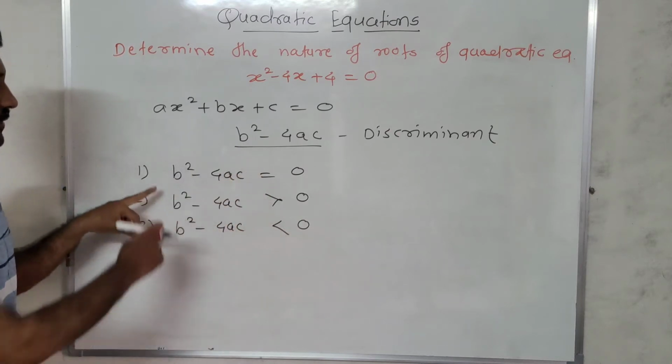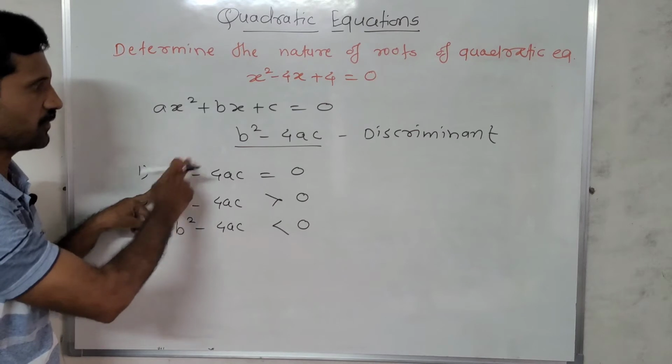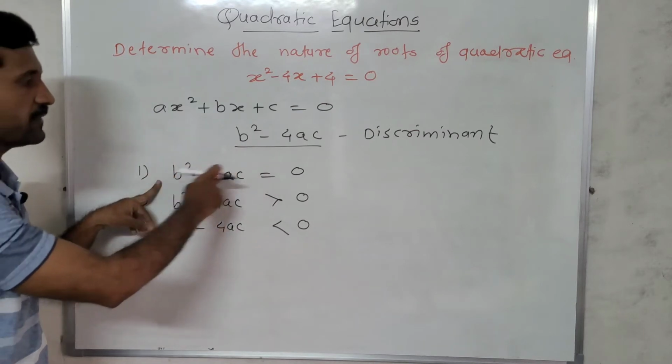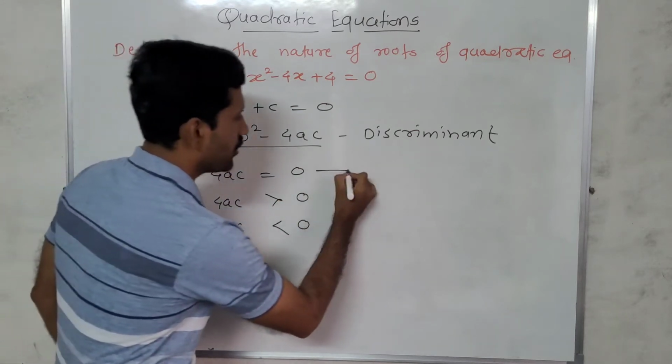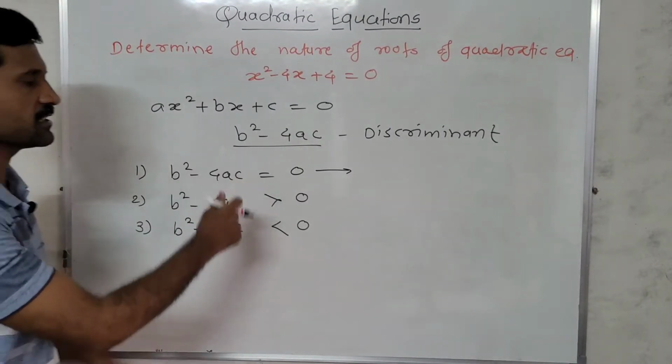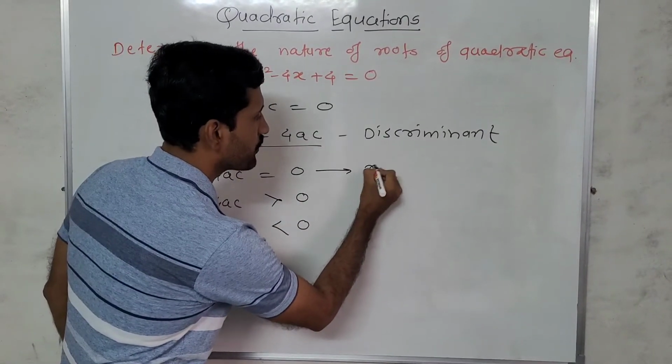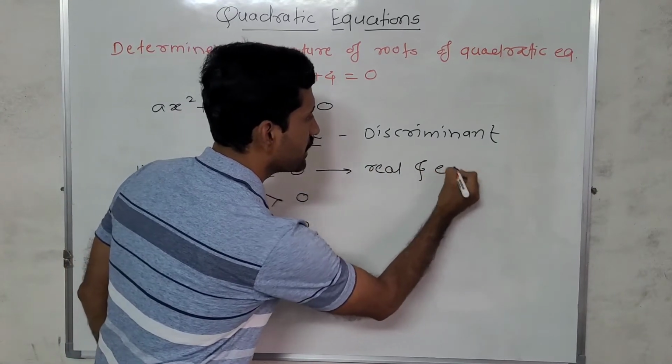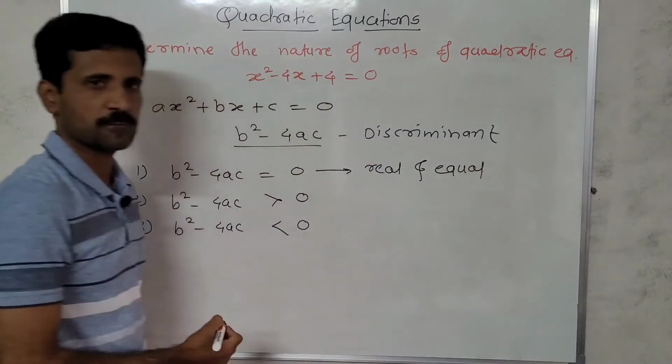So here also, if the value of discriminant for any given quadratic equation is equal to 0, then on the basis of that we can have the roots of quadratic equation. That is, if b square minus 4ac is equal to 0, the roots are real and equal.